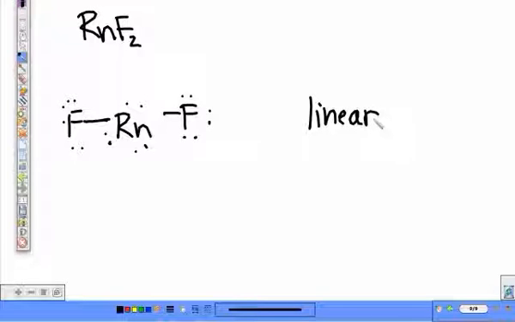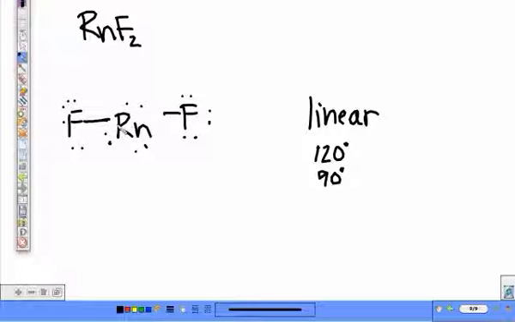And then when you flip back to find your bond angle, the bond angles would be 120 and 90. This one's a little different because since it is linear, this would be the 180 and this is another 90. So it could be 180 also for this one, but if you put 120 and 90 down, that would be correct.